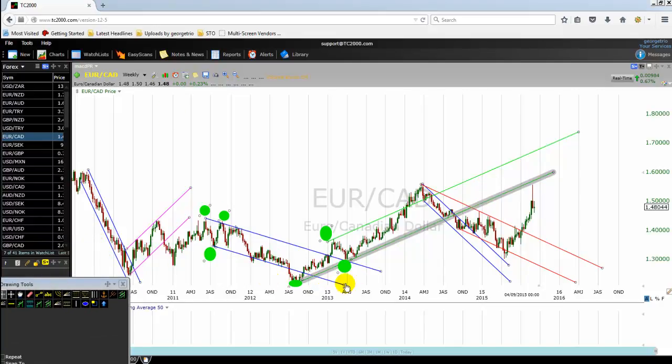Now, how can we use a declining channel to time the market? The first scenario is that the price is inside the declining channel. You can see here, the price is inside the declining channel. How do we time the market, in this case, to sell in a declining channel?